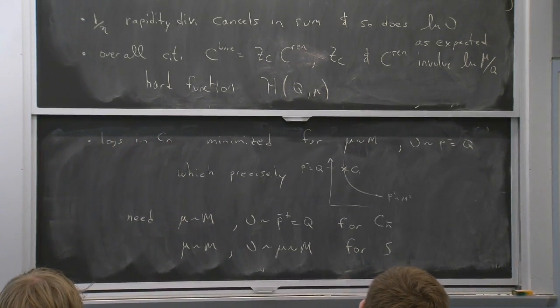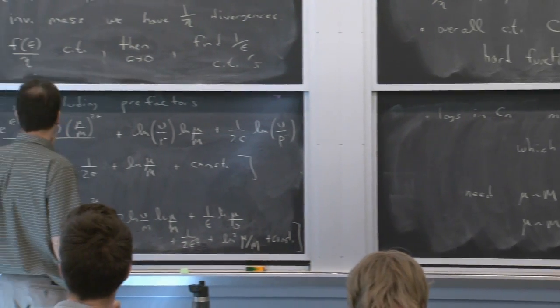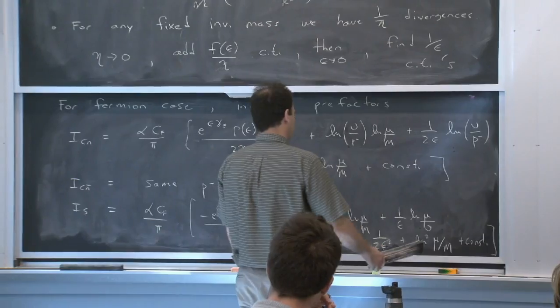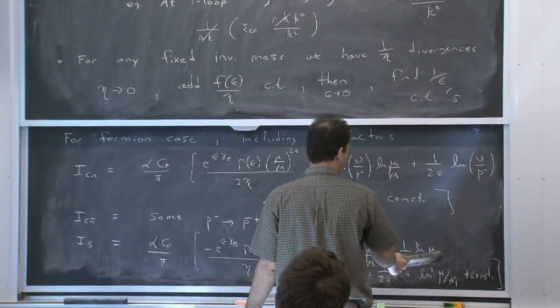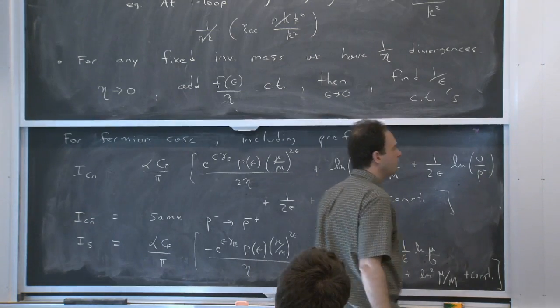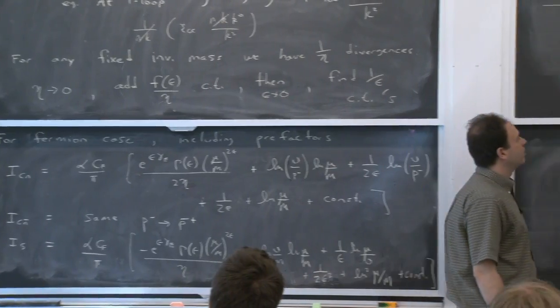And if you think about what the logarithms are doing, you can see that when you combine terms, if you look at the 1 over epsilon, and the μ's are canceling out, you're getting a μ over q. Maybe that's not the best example. Look over here.